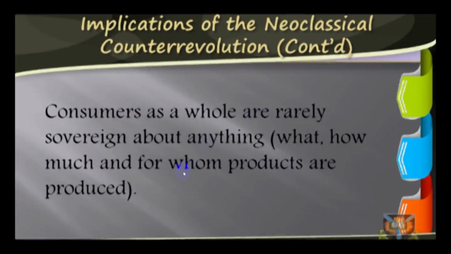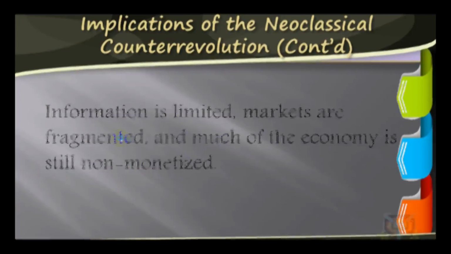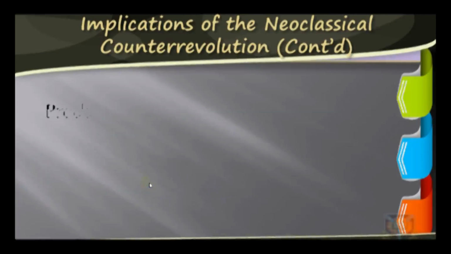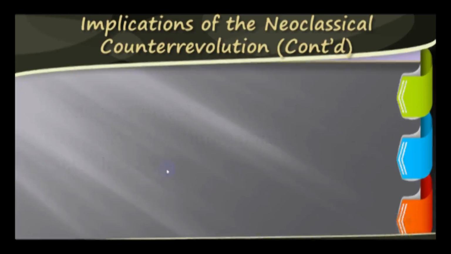Information is limited, markets are fragmented, and much of the economy is still non-monetized. There are widespread externalities of production and consumption, as well as discontinuities in production and incompatibility of technology. Producers, private or public, have great power in determining market prices and quantities sold.